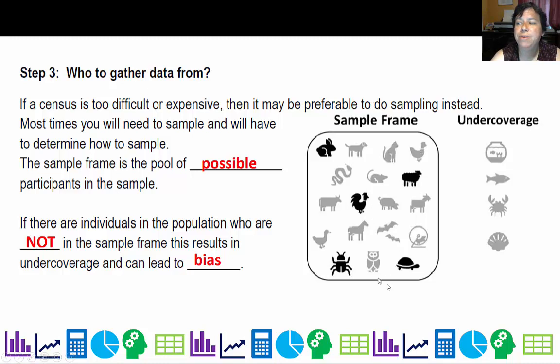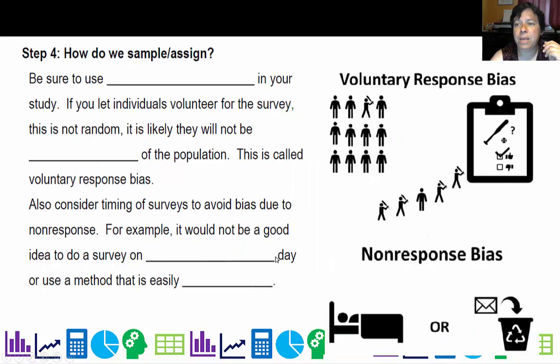Well, if I'm just walking around on the ground, I'm leaving out the animals that live in the water. And they have gill systems. I'm sure they have lungs as well, but it's a different respiratory system than what we're used to. So this is called undercoverage, when you leave a certain part of the population out and when your sample frame is not representative of the population.